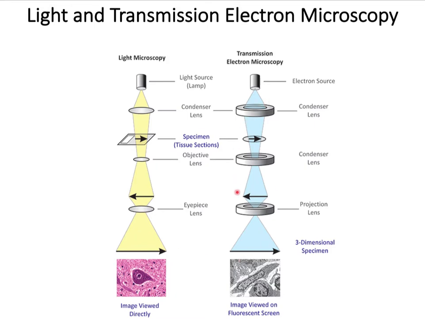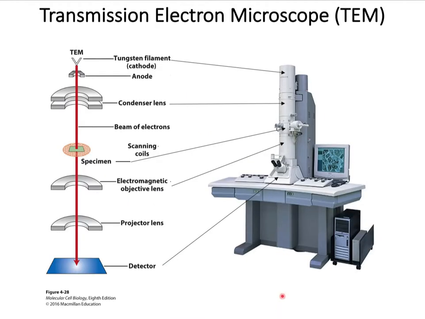In the setup of a transmission electron microscope, the source of the electron is a heated element. There is a condenser that focuses the electrons onto the specimen, an objective lens that collects them, and a projection lens which puts the image on the screen. Here is another rendition of the working schematics of the TEM on the left and a typical TEM setup on the right, showing the placement of some of the key parts of the instrument.